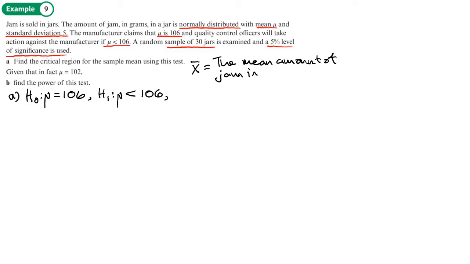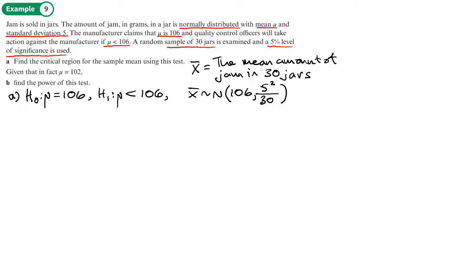Not sure where I got the 25 from. So our sample mean we know is normally distributed with a population mean of 106 and a variance of 5 squared over 30, not the square root of the sample size, but over 30.